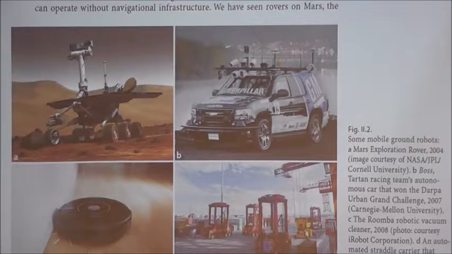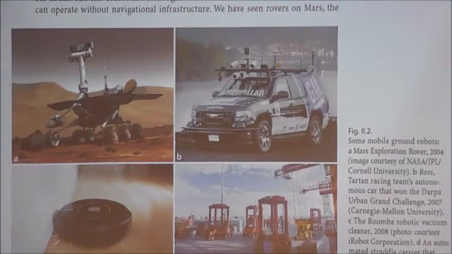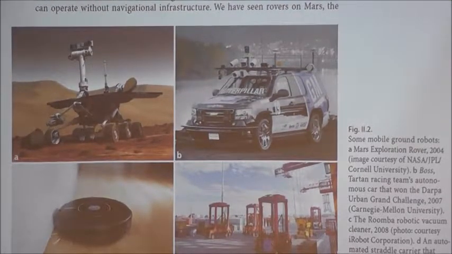DARPA, the research wing of the Department of Defense, several years ago, in 2007, gave a challenge to universities and industries, not very large industries, startup companies, to navigate and move an unmanned vehicle from close to Los Angeles along the side of Highway 15 all the way to Las Vegas, a very large distance.